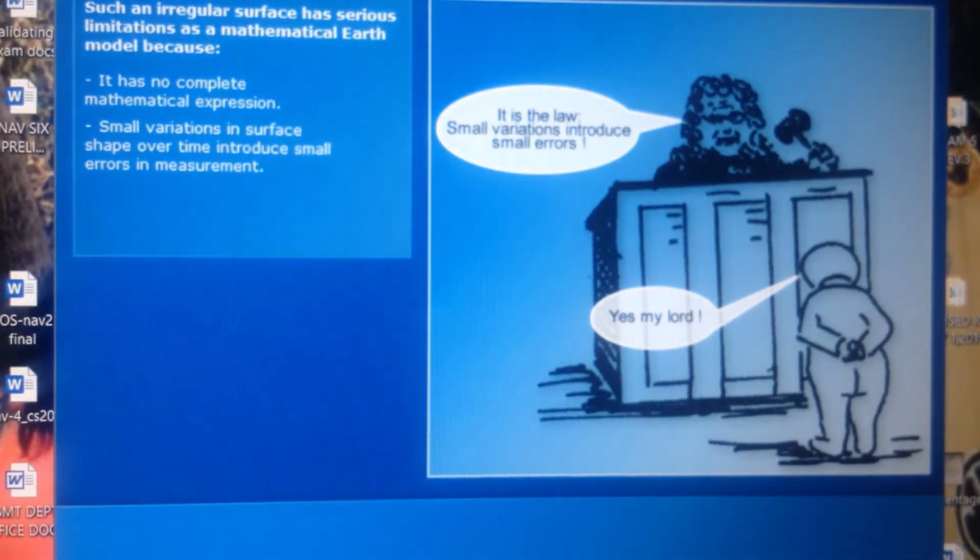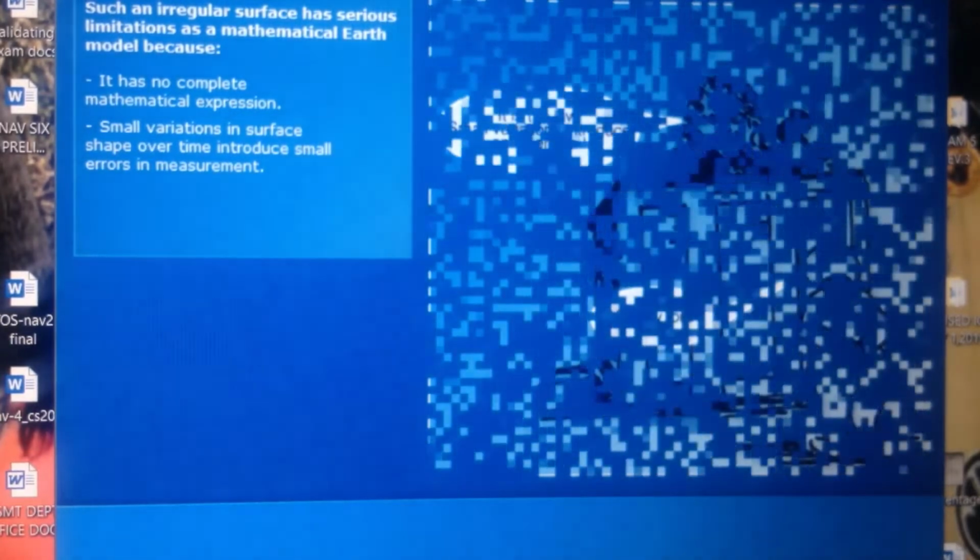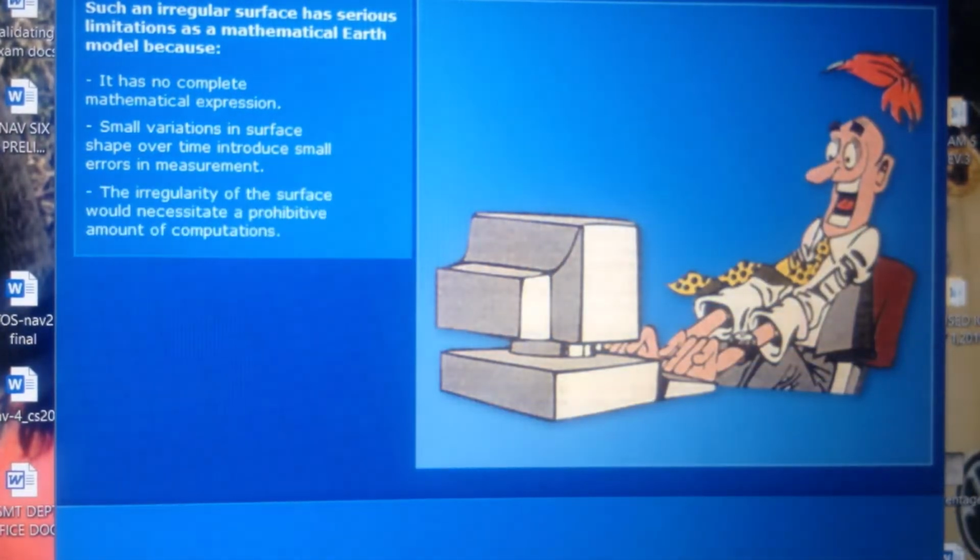Small variations in surface shape over time introduce small errors in measurement. The irregularity of the surface would necessitate a prohibitive amount of computations.